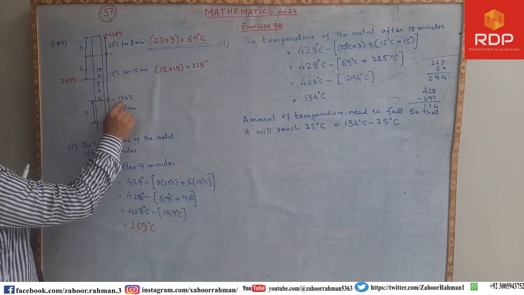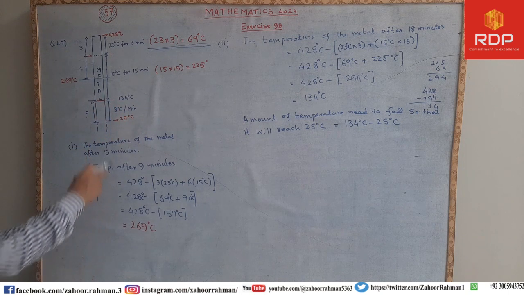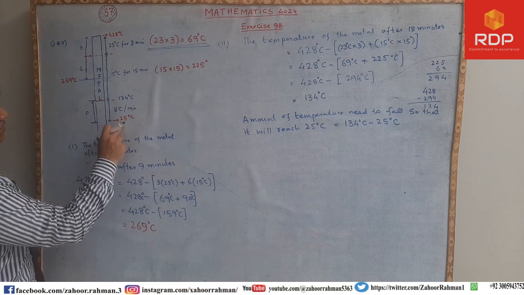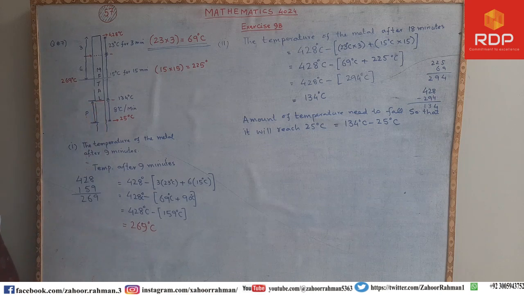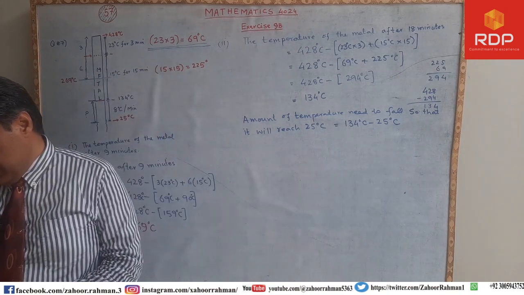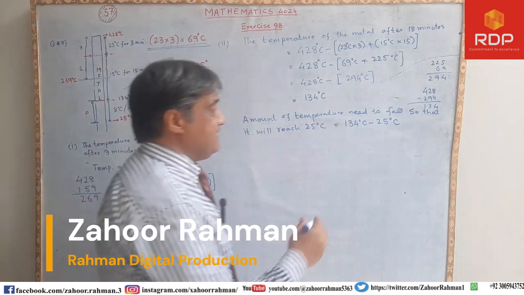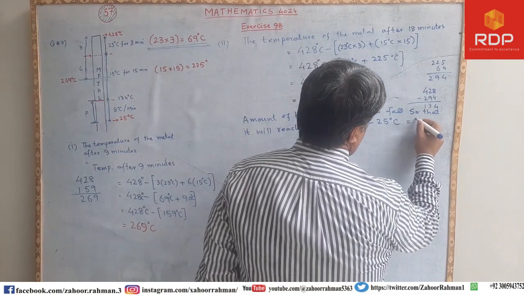Here we know that the temperature is 134 degrees Celsius, and till here is 25. So we have to find this area, and we have to subtract 25 from 134, and it is 109 degrees Celsius.